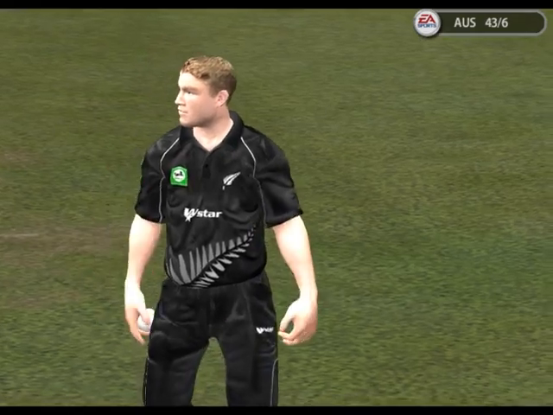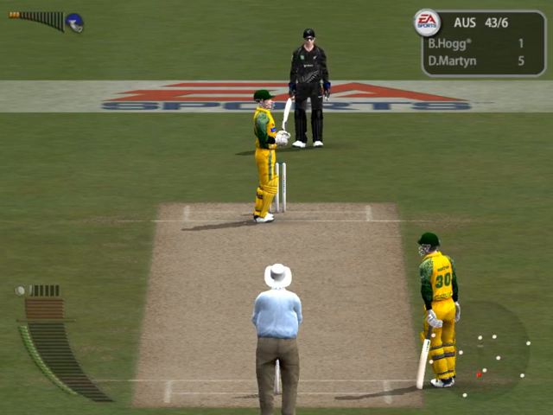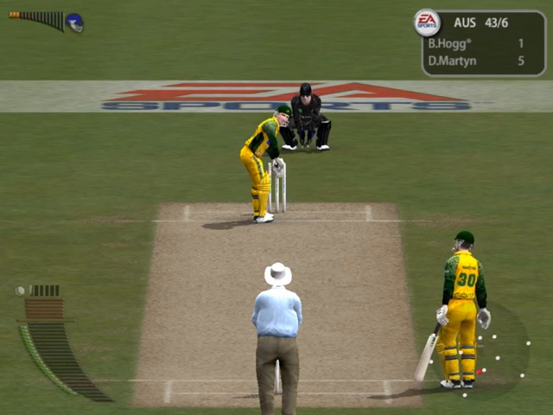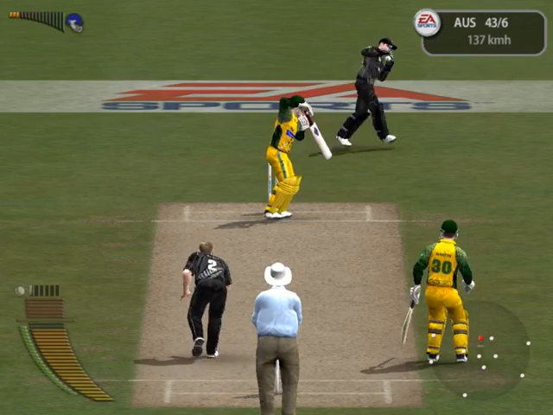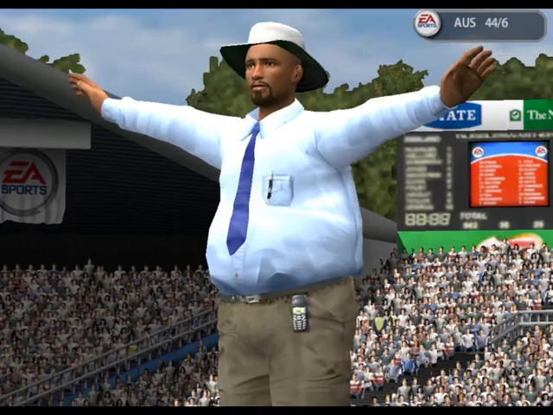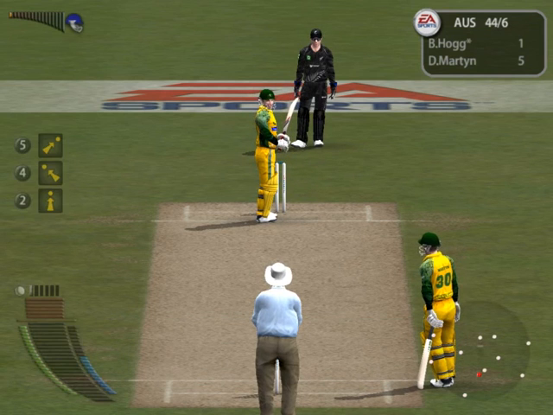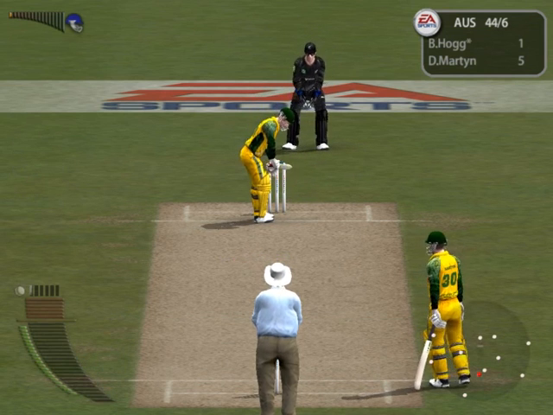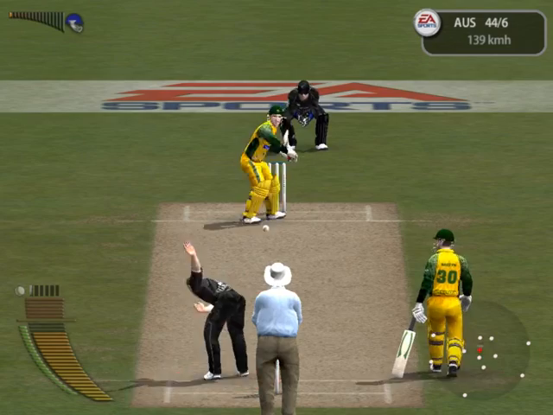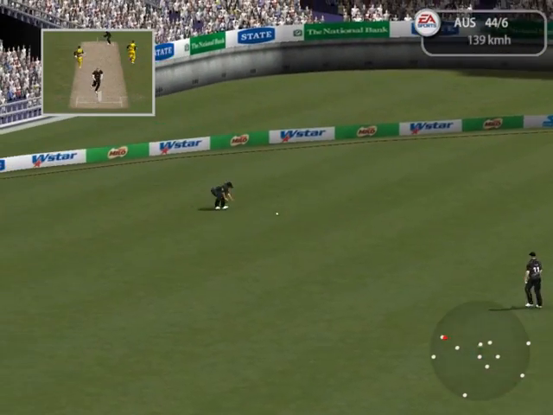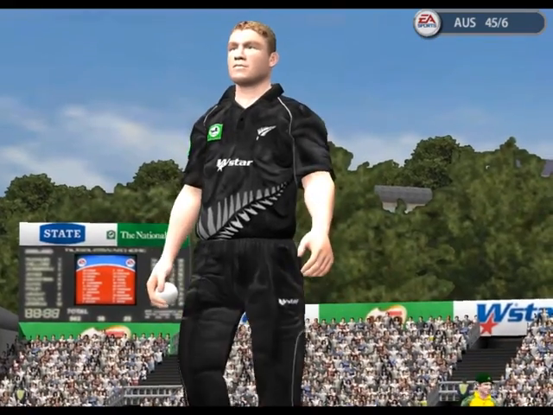Butler to bowl to Hogg. Wide ball signalled by the umpire. Hogg facing. Two runs here. An easy single there to Hogg.